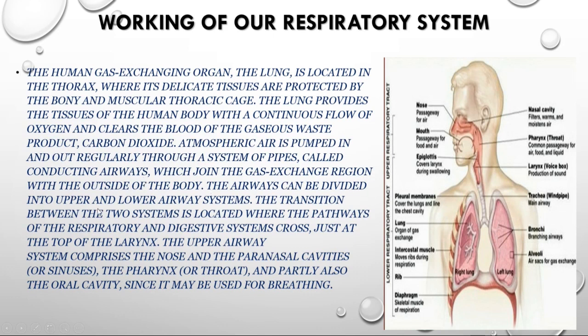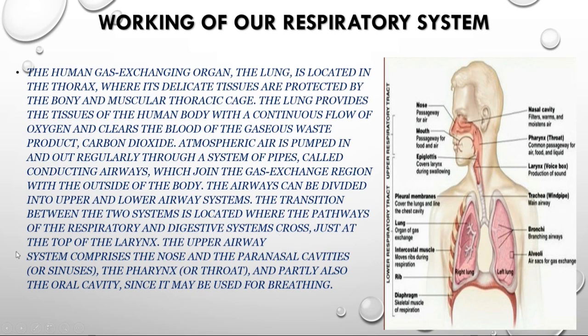These airways are divided into the upper airway system and the lower airway system. The transition between the two systems is located where the pathways of the respiratory and digestive systems cross, just at the top of the larynx.